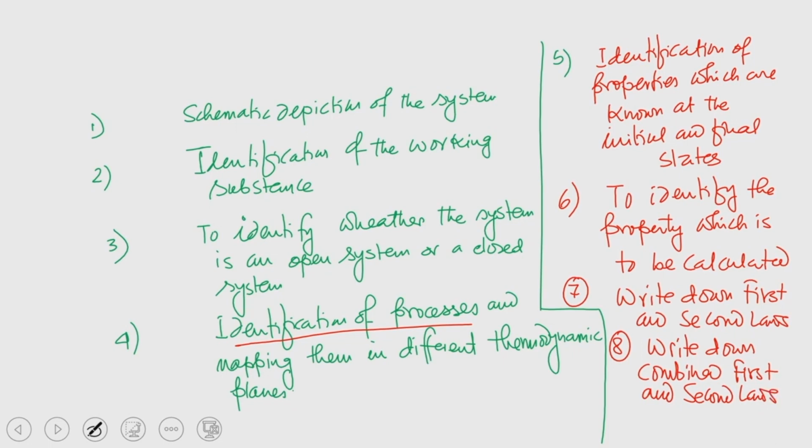So, this is very important. So, yet there are a few more steps someone should know before attempting to identify the process and calculate the property which is to be calculated.